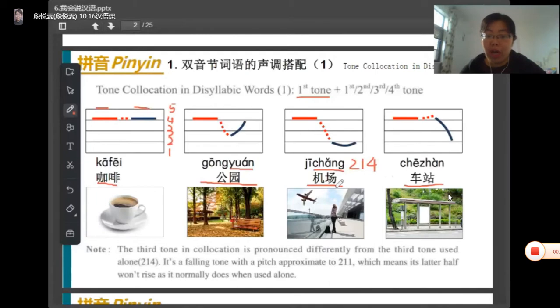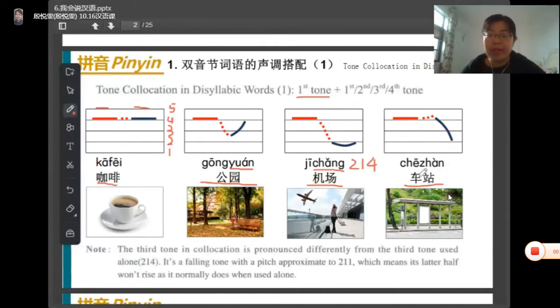But the higher part of 场 is very weak. This word 机场, the Chinese people read it with the higher part very weak.